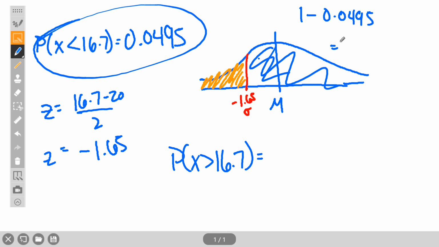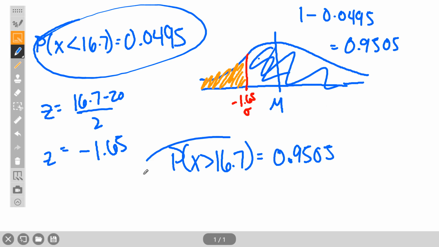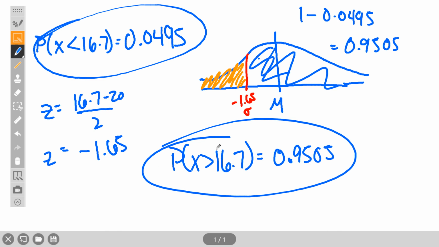So 1 minus 0.0495, which is 0.9505. So this is the probability that a given box will have more than 16.7 ounces in it. And that's like over a 95% chance. Pretty good probability there.